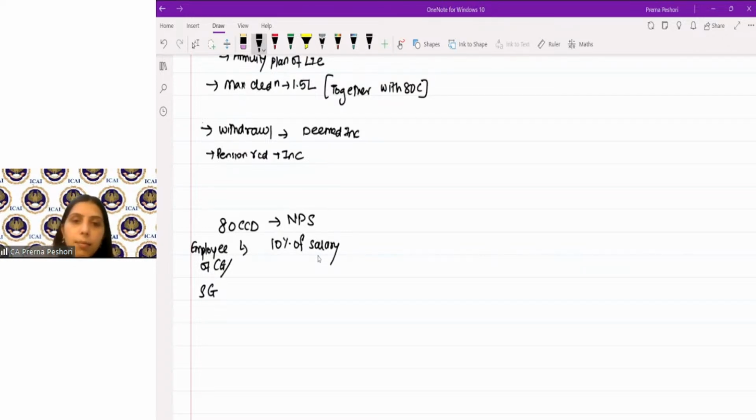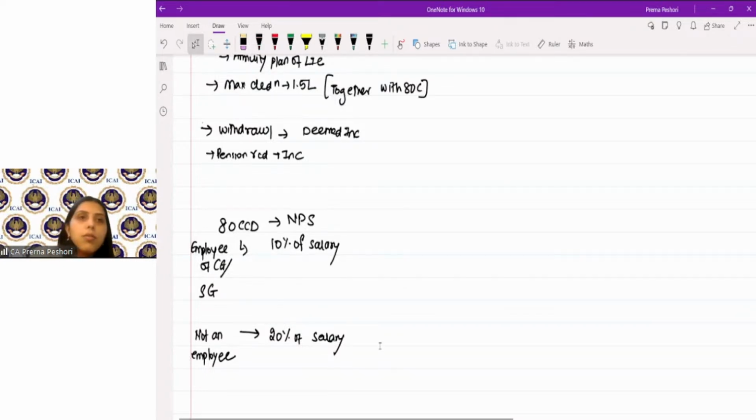Then, any other individual who is not an employee, a self-employed person, is allowed 20% of salary. Because for the employee, the 10% is allowed. You can write it over here, not just NPS, but we can put it over here: pension fund, pension scheme of government.